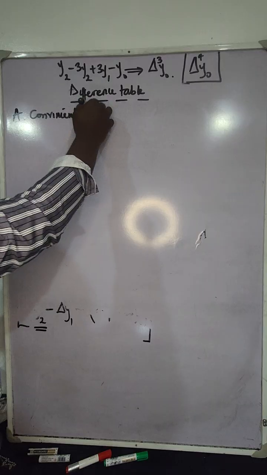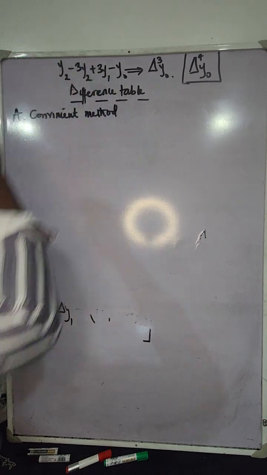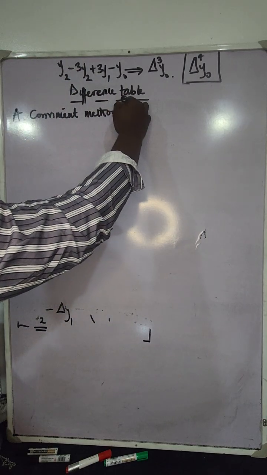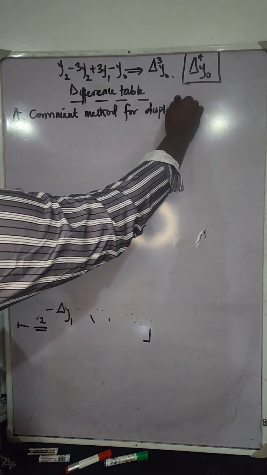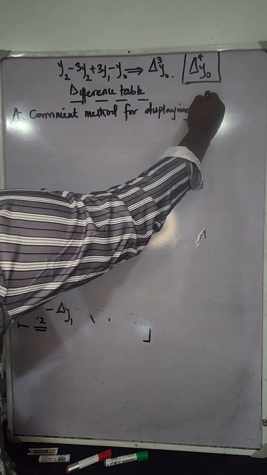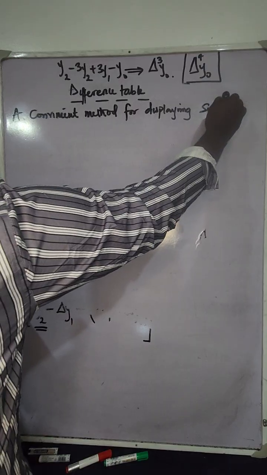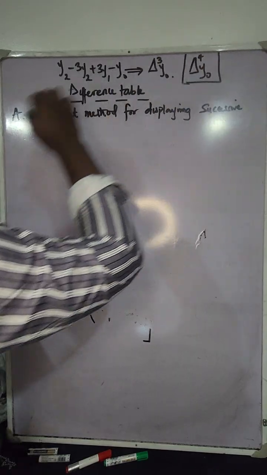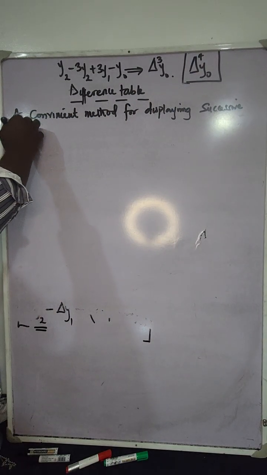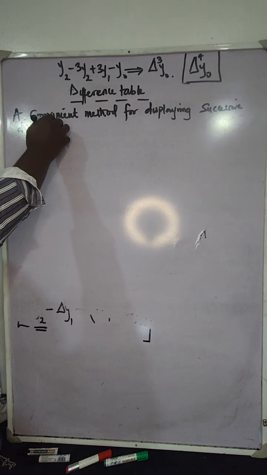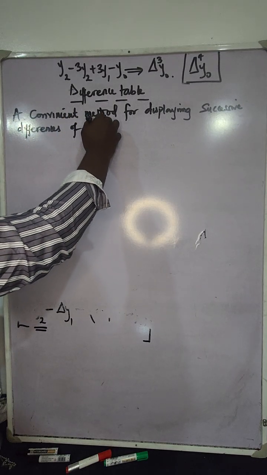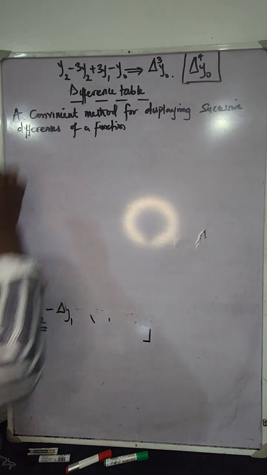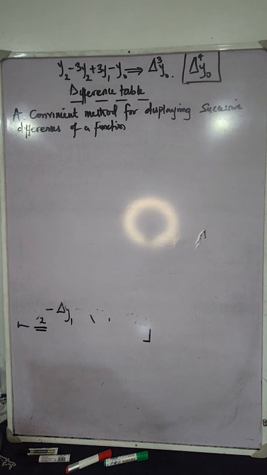A difference table is a convenient method for displaying successive differences of a function. It's used for displaying successive differences of a function.